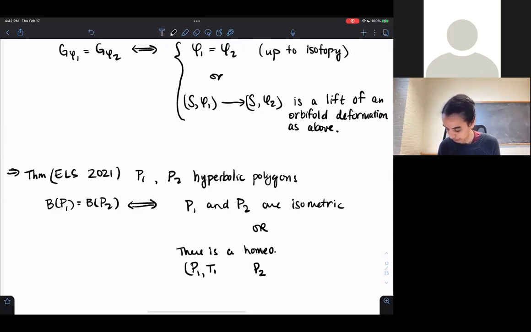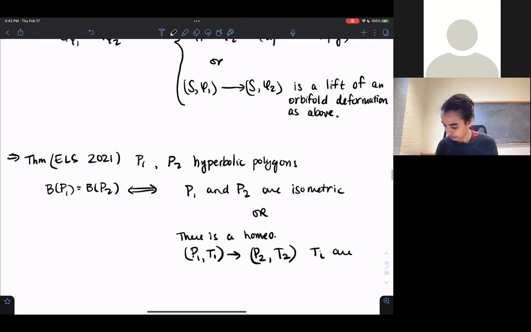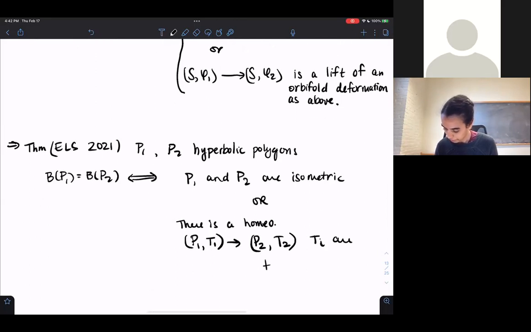So there's a tiling of P1, let's call it T1, and a tiling of P2, let's call it T2, such that adjacent tiles differ by a reflection.